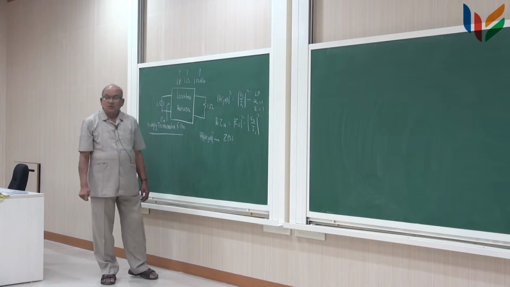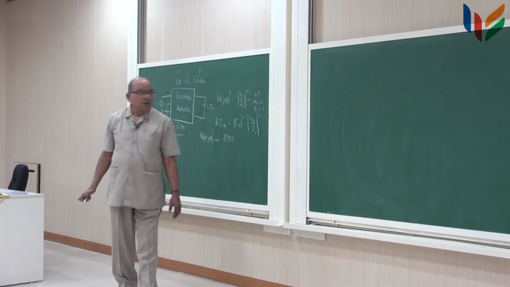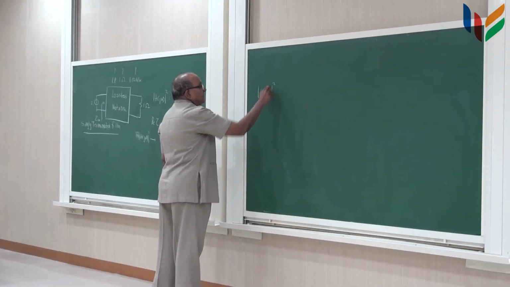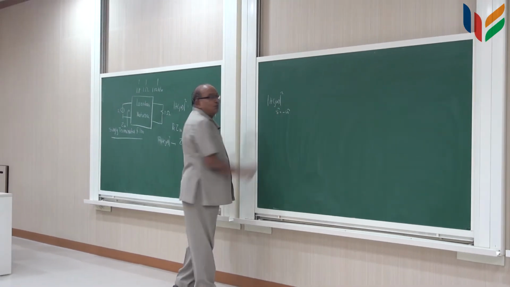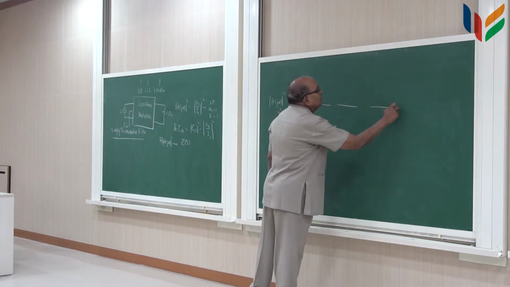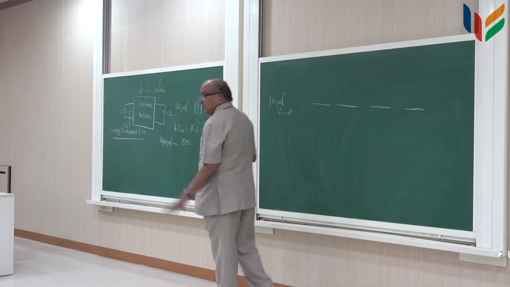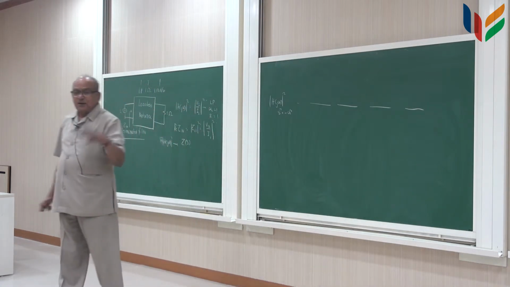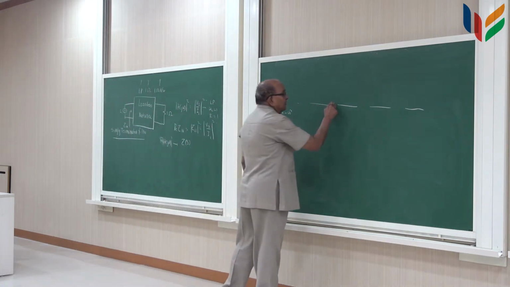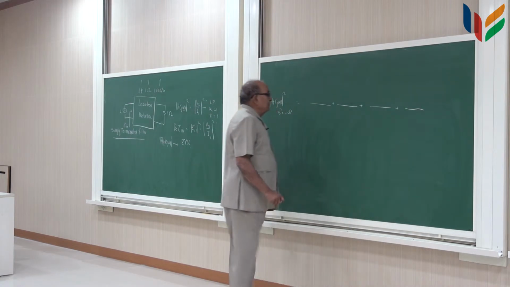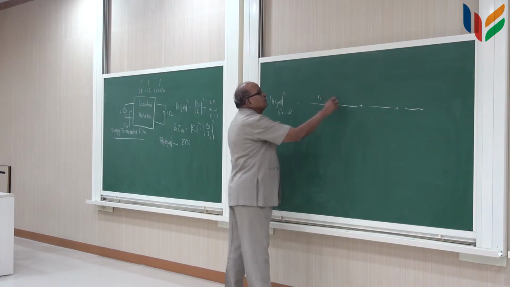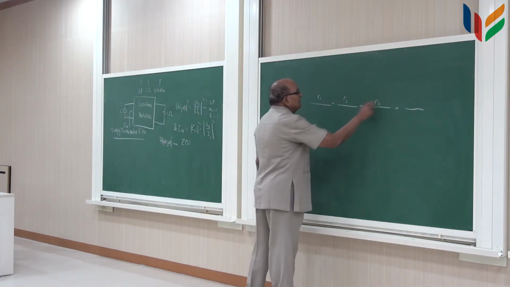The method we said was to substitute in |Hg(omega)| square, s square equal to minus omega square, and you get a function of s. It will have some poles, an equal number on the right half plane and on the left half plane. So you find out the residues of this, right? So you get some residue here and so on and so forth.